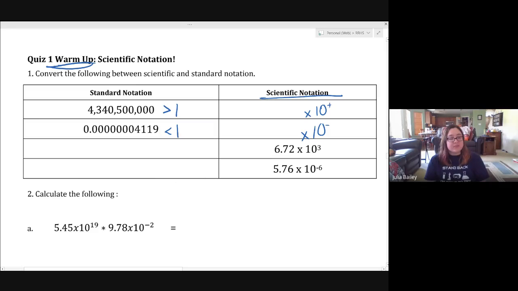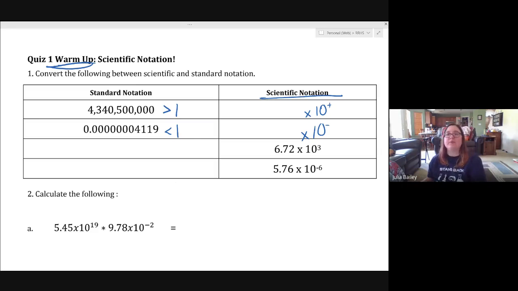Again, those are decisions I make before I do anything else, because I want to make sure I don't forget to do those tiny, easy steps. So I would actually start there. You write your times 10, and then you decide if your exponent's going to be positive or negative, because once you do that part early, you don't have to worry about forgetting to do it later.